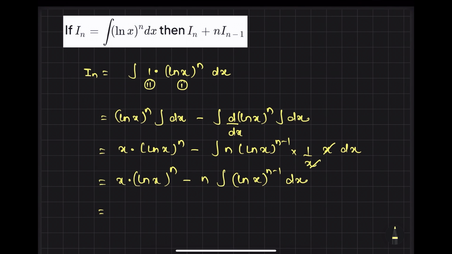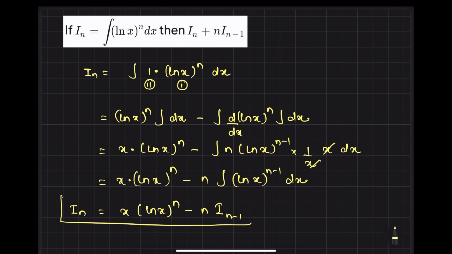So now write down the final part: x (ln x)^n minus n times I_(n-1). Done. Okay, so this is the reduction formula associated with the integration of (ln x)^n. I hope the idea is clear, and now you guys can handle these kinds of situations very smartly.